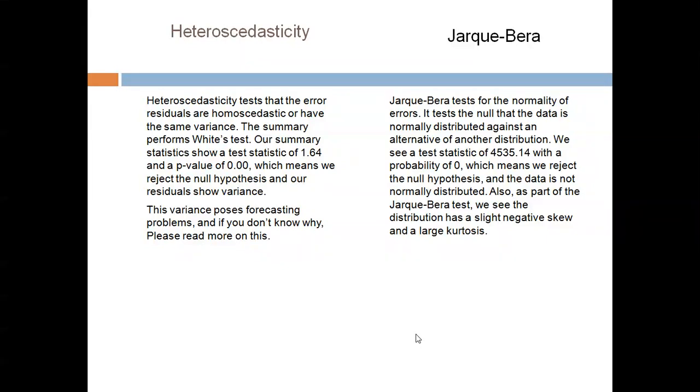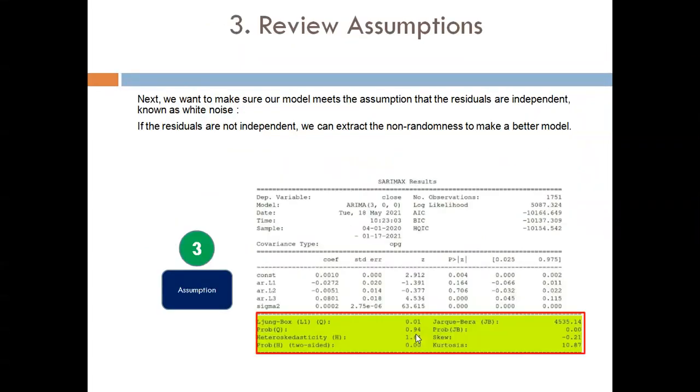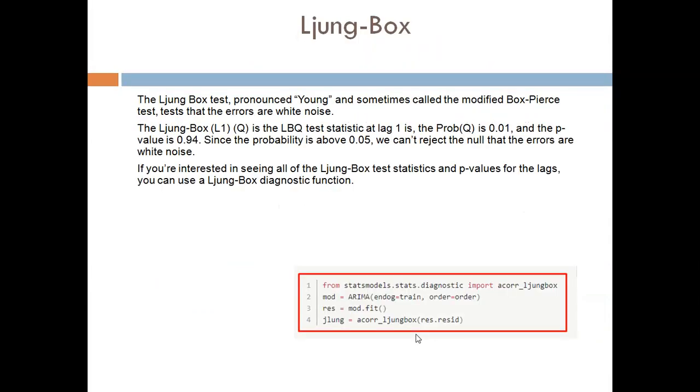Also, as part of the Jarque-Bera test, we see the distribution has a slight negative skew and large kurtosis. You can see kurtosis is 10.87.